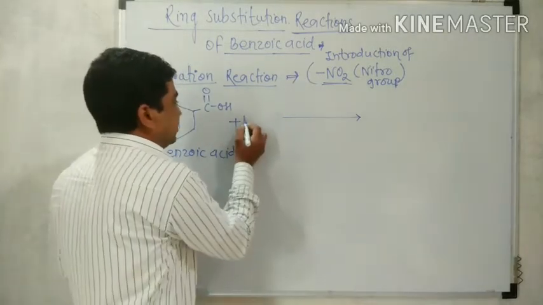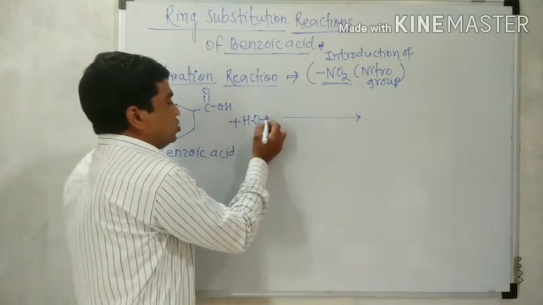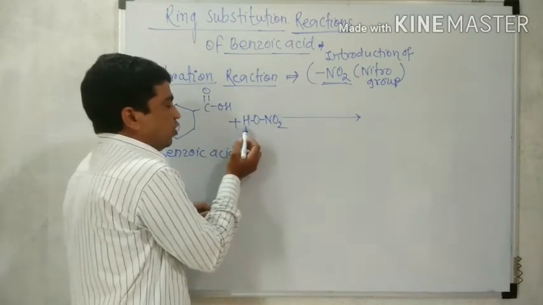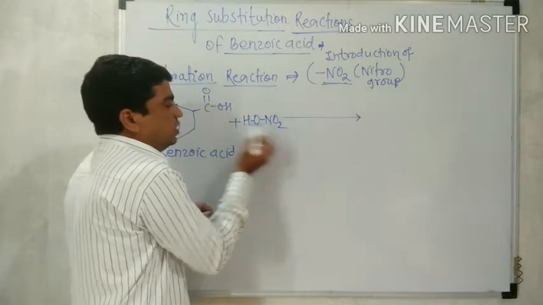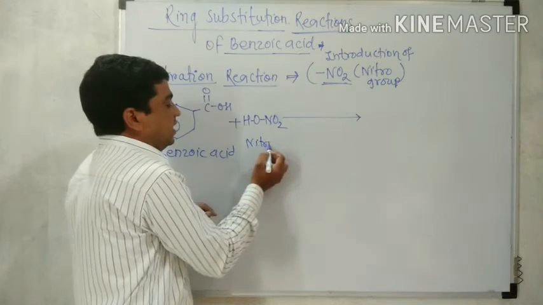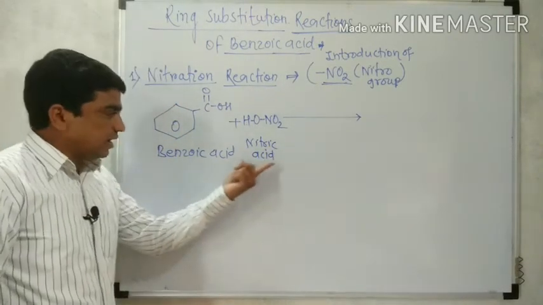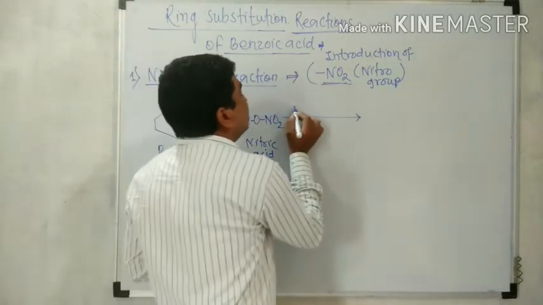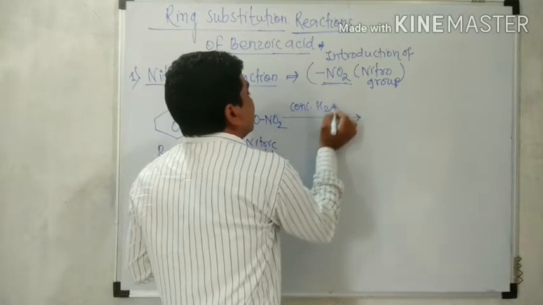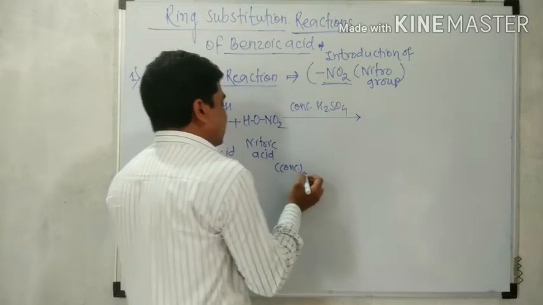In this reaction, nitric acid, the formula HNO3, we can write as HONO2. This is nitric acid. So when benzoic acid is reacted with nitric acid in the presence of solvent, that is concentrated H2SO4, this nitric acid is also concentrated.